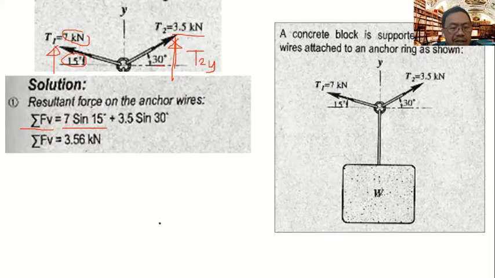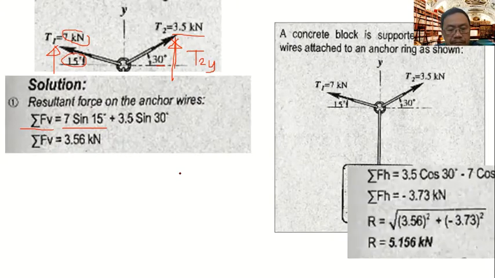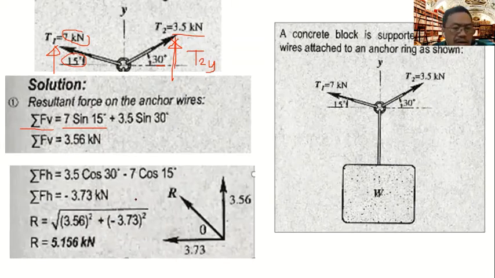And then next is sum of forces horizontal. Okay? Yung horizontal naman ito dito, positive. Yung T2x, sa kabila naman is negative. Alam naman natin na in our Cartesian coordinate system, going to the right is positive and to the left is negative.